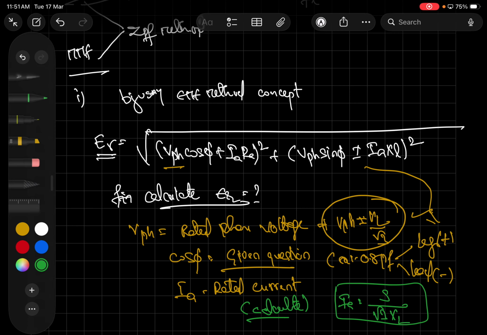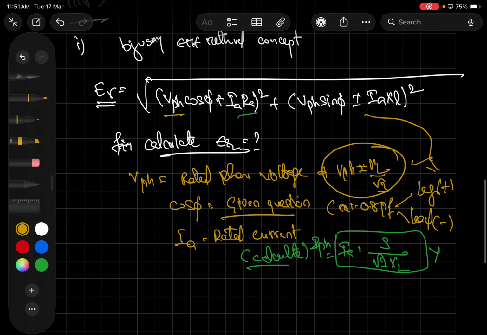Whether it's a star connection or delta connection, let's assume that this is a star connection, so IA equal to I phase. Am I correct or wrong? Next, RA is given in the question. Next, V phase is already known. Once we know cos phi, sin phi can easily be calculated.